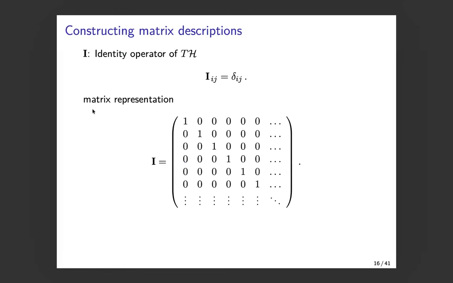So let us construct a matrix description of the homotopy algebra. First, I is the identity operator on TH, so we just identify I with the identity matrix.